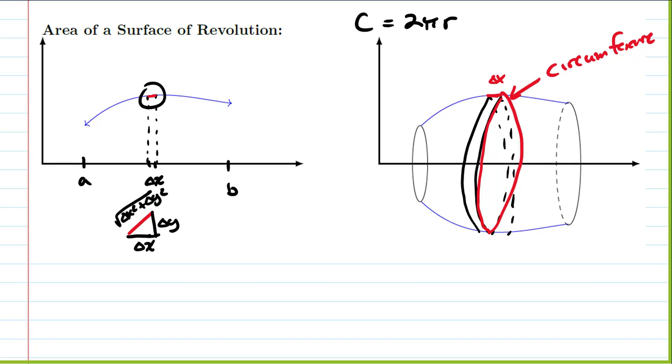Well, what would be the radius of that circle? The radius, as it was in chapter 6, is going to be the perpendicular distance from the x-axis to the curve. So that's going to be our y-coordinate, or f of x. Either way you want to visualize it, the radius r is going to be y.